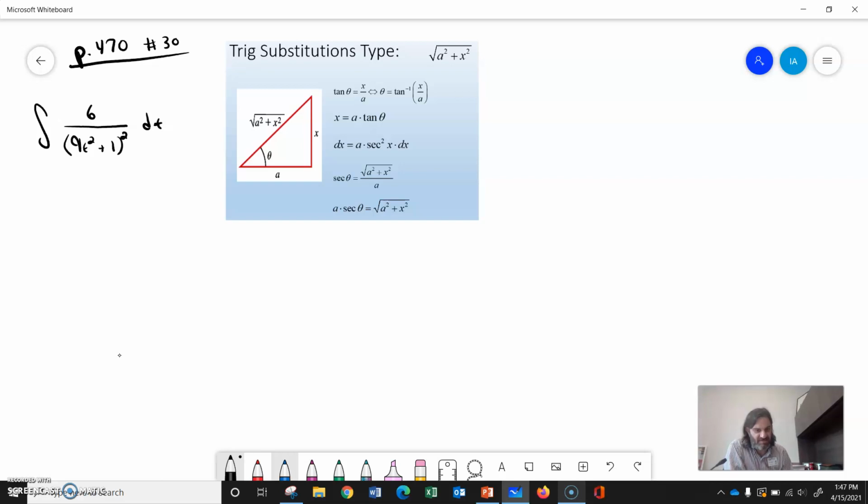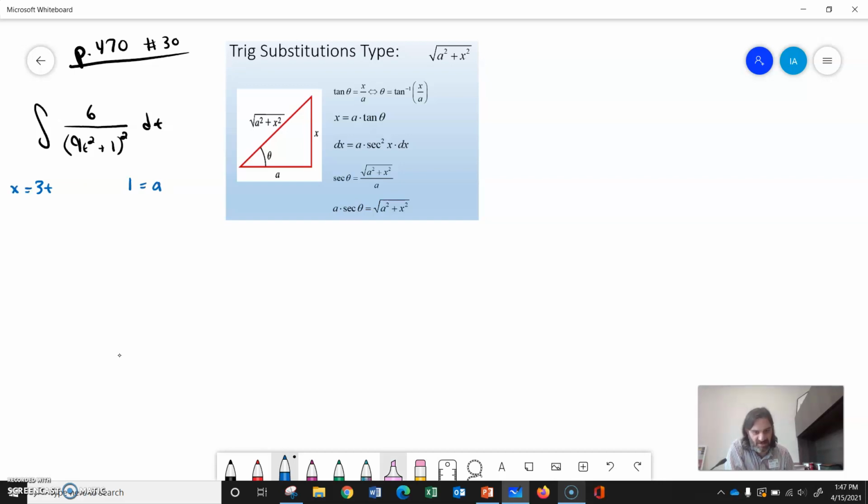Okay, so let's just identify the parts that we've got here. As far as the variable part, 3t is going to be the part that represents our x, and 1 is going to be the part that represents our a.